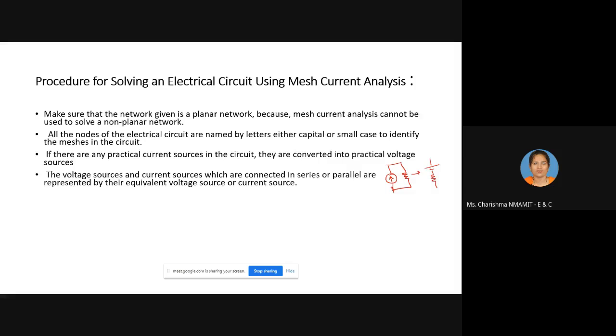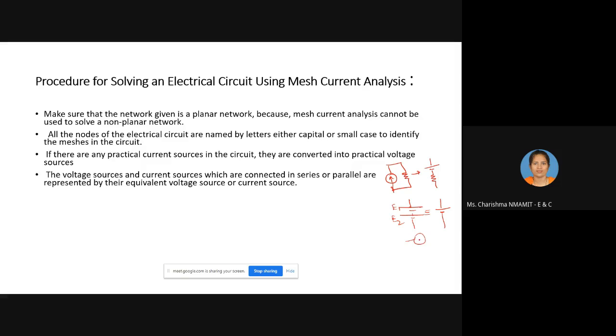The voltage sources and current sources which are connected in series or parallel are represented by their equivalent voltage source or current source. You know that if voltage sources are connected in series, they need to be converted into an equivalent one, that is, you add up or subtract based on the polarities of the voltage sources in series.